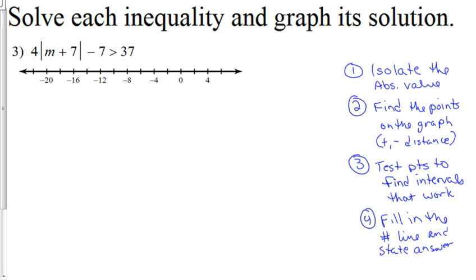So isolate, add 7 to both sides. Divide both sides by 4. And now we have it isolated. So remember, there's a positive distance, and there's a negative distance.